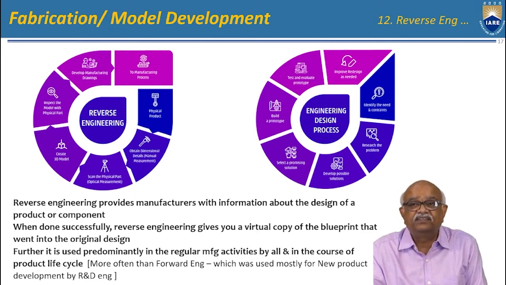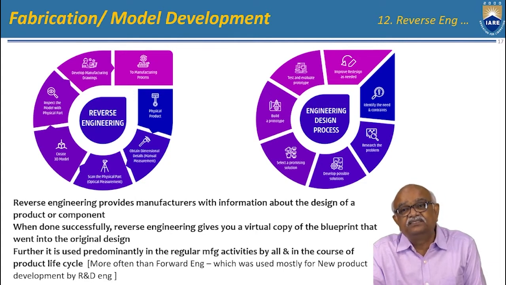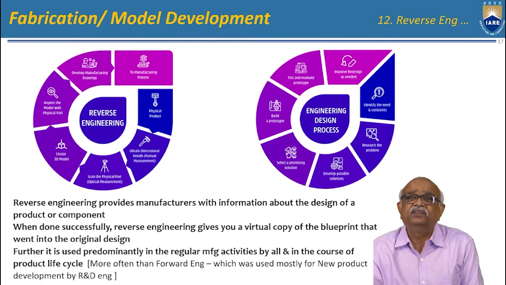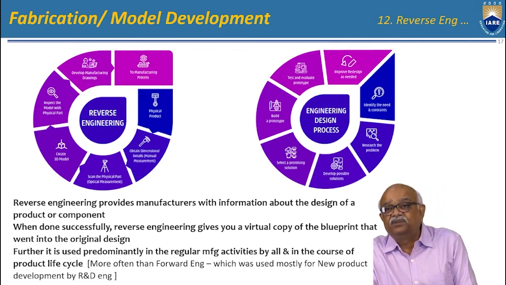You take the product which you want to select. From that product, obtain the dimensions, break it open, scan it, create your own 3D model with changes or without changes. Then make a proto, create a sample. From that sample, again you get back into regular manufacturing method. These are two important things.